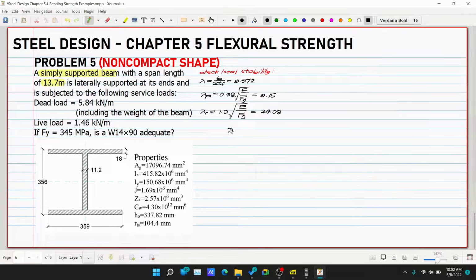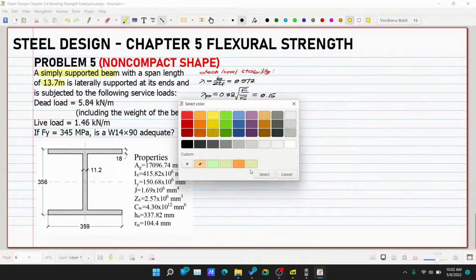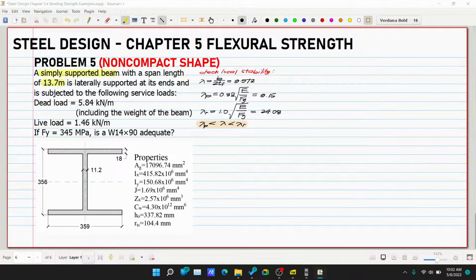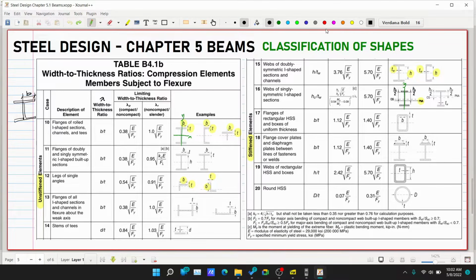So now, our lambda is greater than our lambda p, but less than our lambda r. What is the indication of that? Let's check the table. Lambda p determines whether our section is compact or non-compact. In our problem number 3 and number 4, our lambda was less than lambda p, so we were compact. But once we are greater than lambda p, our beam is a non-compact section.